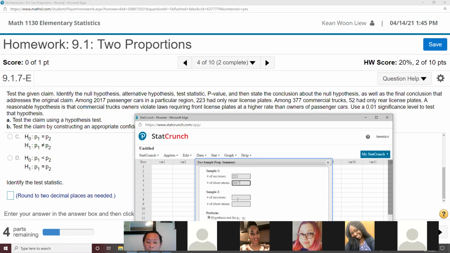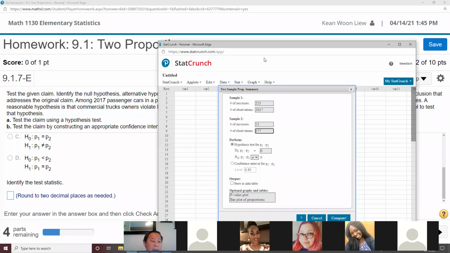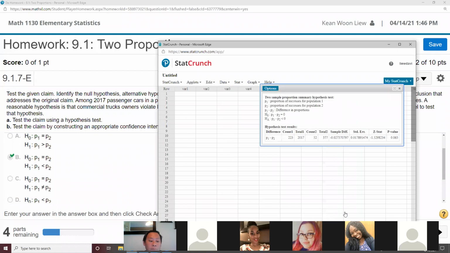And for truck, 52 out of 377. And we want to test P1 equals 0, and the other one is less than. So make sure you use the less than symbol here. So this is your answer.